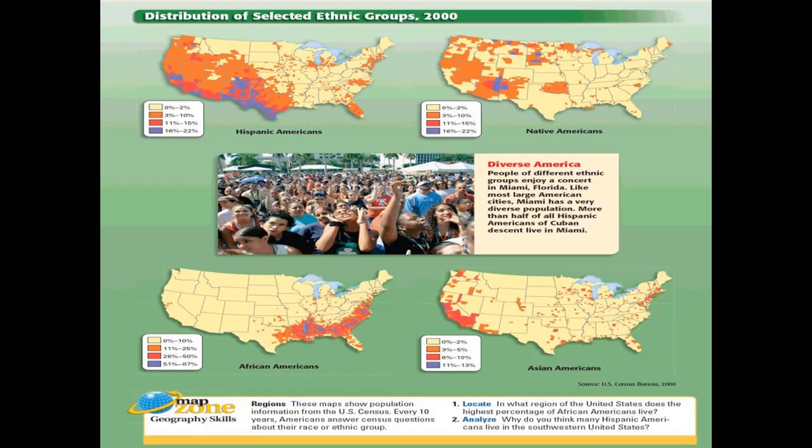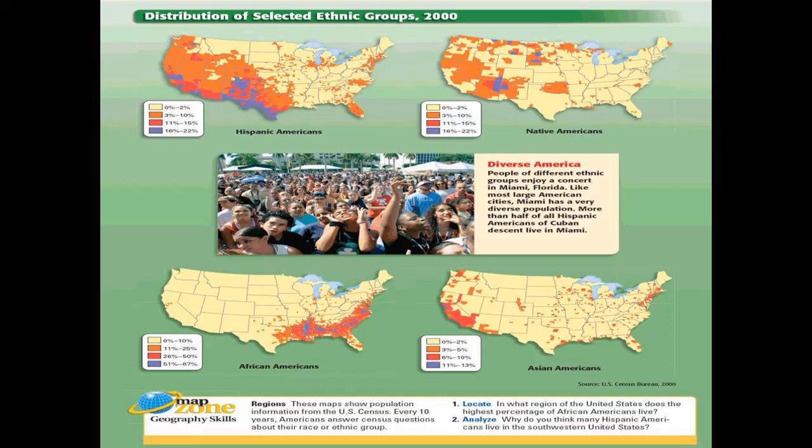All right. We break down some of the diversity in the United States, and here we have maps based on the census in 2000. And so you can see the makeup of the United States when it comes to Hispanic Americans, Native Americans, African Americans, and Asian Americans. When you look at all these different maps, you can see just how diverse these areas are and what the makeup of the area is.